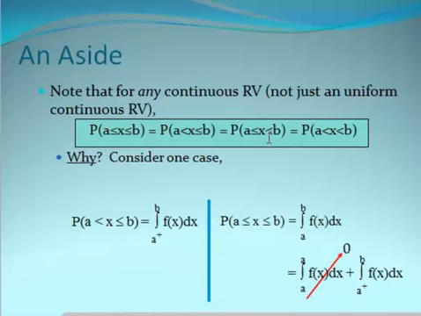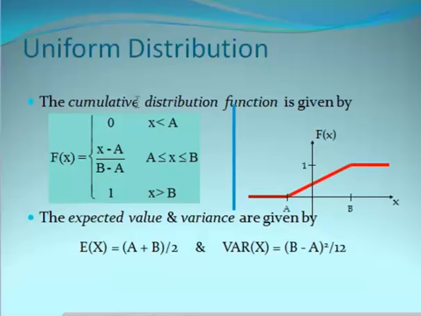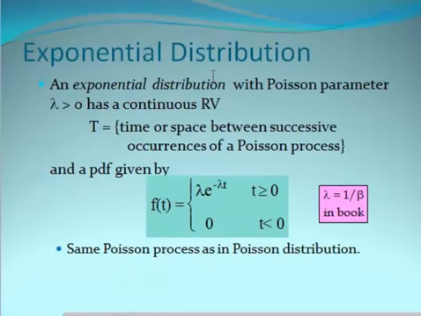The cumulative distribution function is simply given by this function right here, and the expected value and the variance are given by these. Your book has a very nice derivation of these values, but you can just plug them in if you want to.